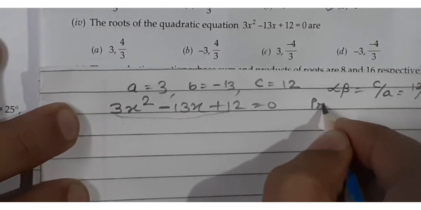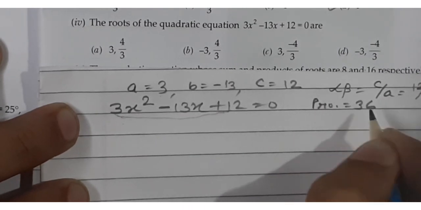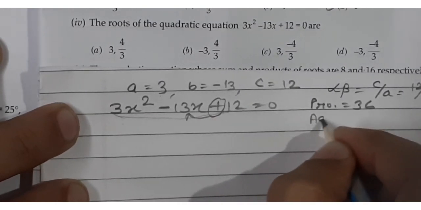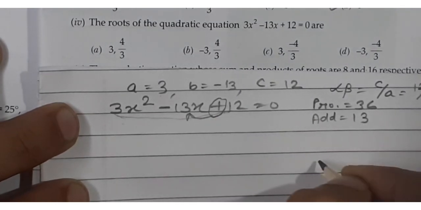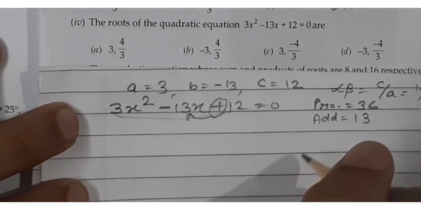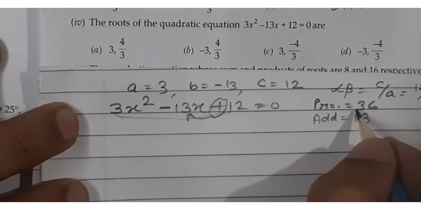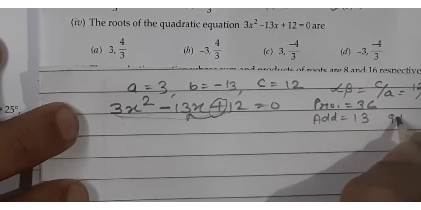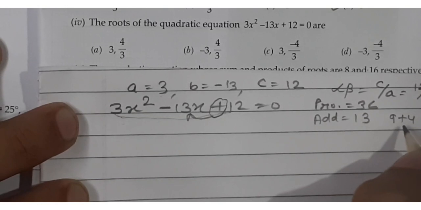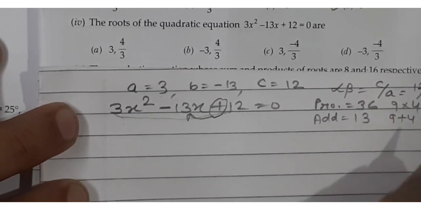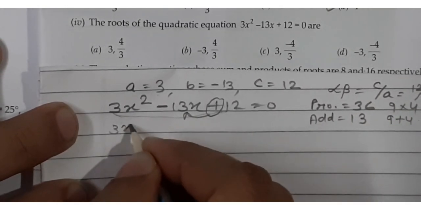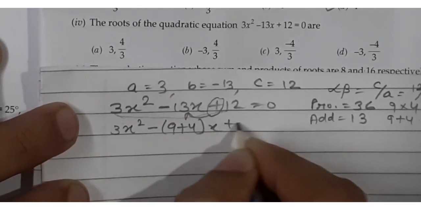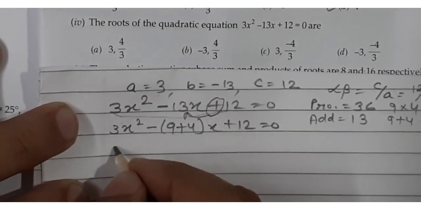So after product I want 36, and after addition I want 13. I want numbers whose product is 36 and addition is 13. This should be 9 plus 4. 9 4s are 36. Then 3x square plus (9 plus 4) into x plus 12 equal to 0.